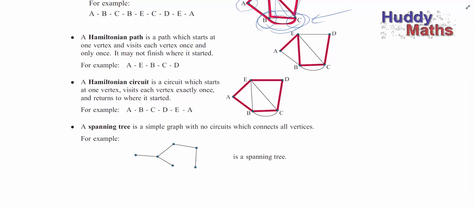Let's look at a Hamiltonian path. These are named after the guys who did a fair bit of work on this, Euler and Hamilton. So here, it starts at one vertex and goes to each of the others, right? But it never finishes where it starts. So it's not a circuit, it's a path.